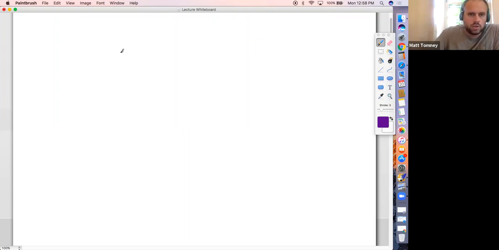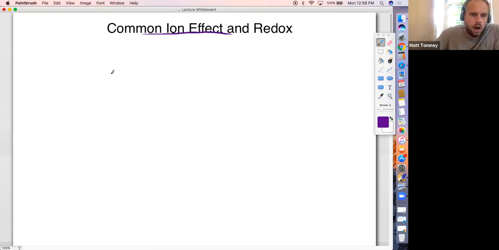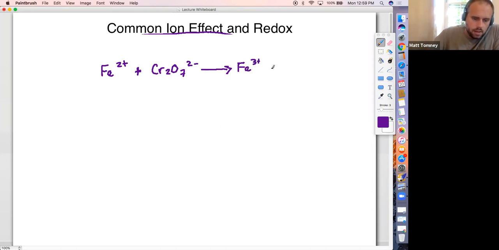So going along that general premise, you're going to need to have a good grasp of that as we move forward. All right. So I want to put up an unbalanced redox reaction. The one that we're going to take a look at today is going to use iron 2+, and we're going to add that to the dichromate ion, which is Cr2O7 2-, and that is going to yield iron 3+, and chromium 3+.